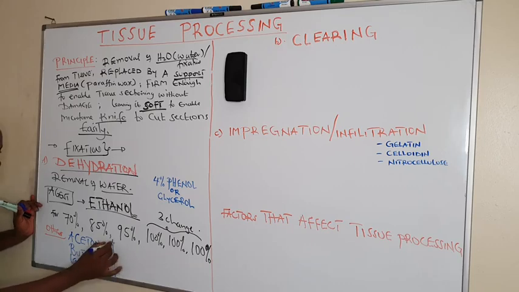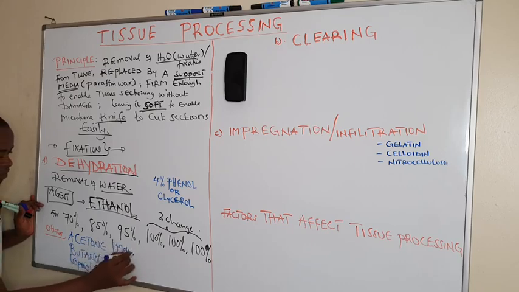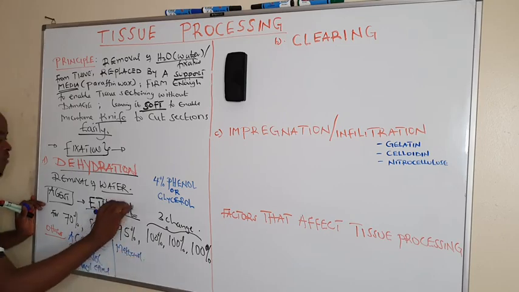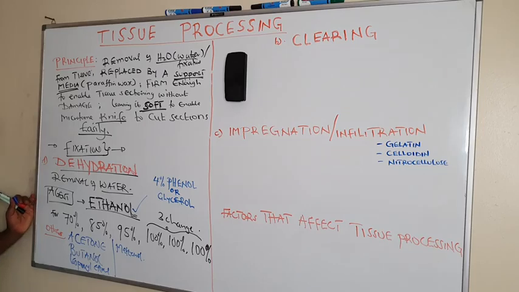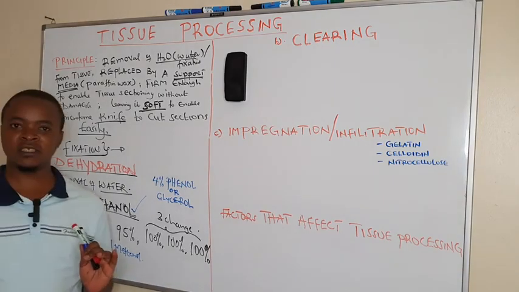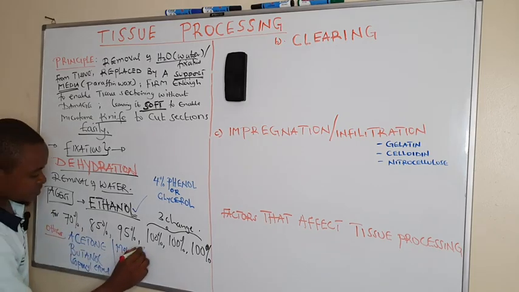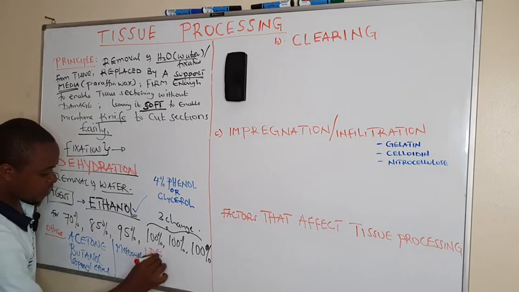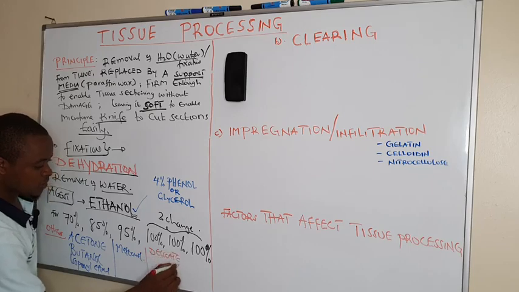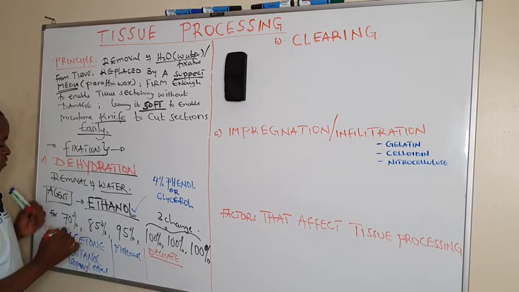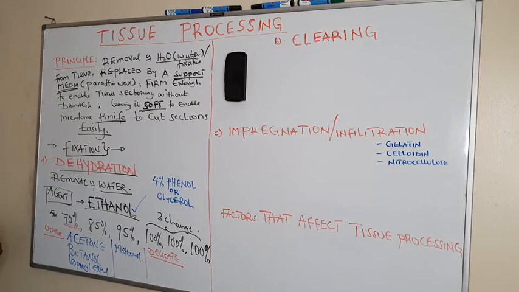And sometimes methanol, but methanol is not good. So the best one is ethanol, which is used as a dehydrating agent. But for delicate tissues, instead of beginning with 70%, we can begin with 50% or 30%.